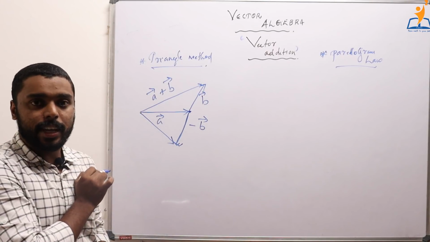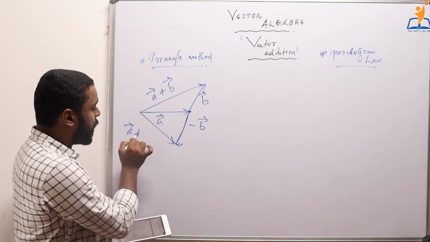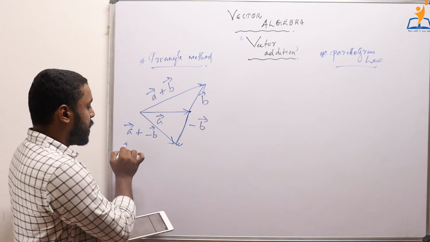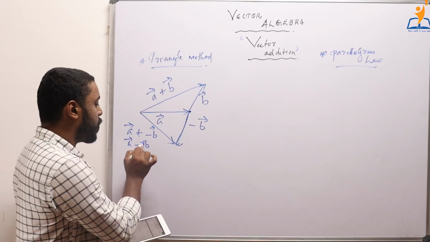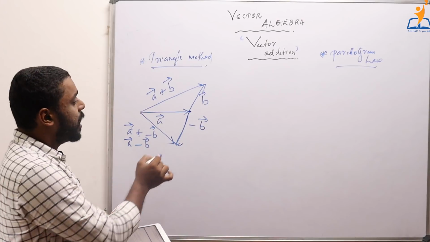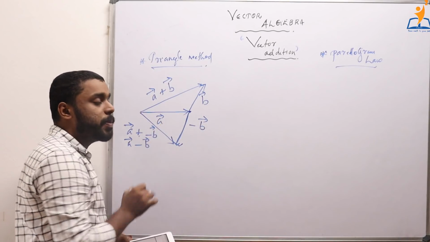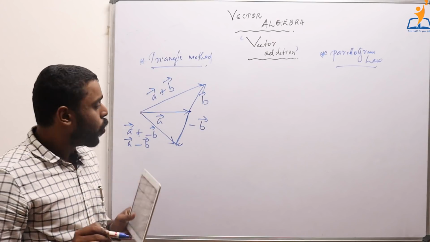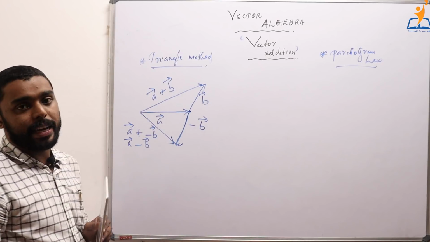So this is nothing but vector A plus minus vector B, that is, plus into minus is minus, so vector A minus vector B. We got A minus B just by adding A with minus B, where minus B was obtained by reversing the direction of vector B. So in this way we can find A plus B and A minus B.